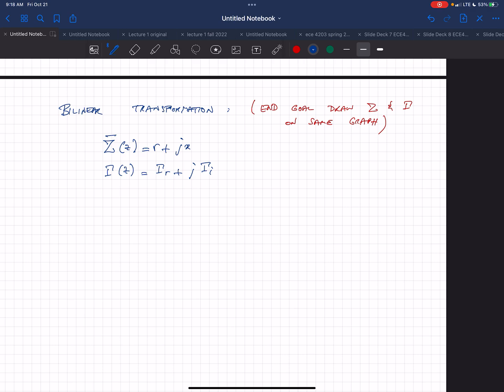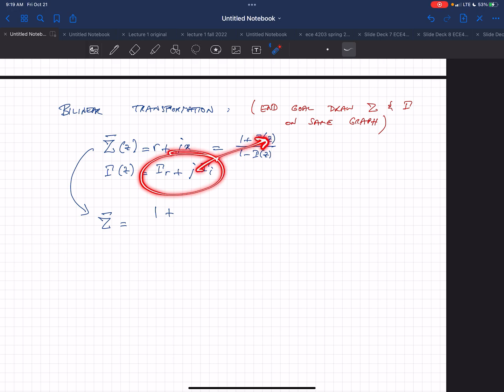And we know that Z is 1 plus gamma of Z over 1 minus gamma of Z. So I'm going to basically plug this in here with these gamma sub Z's.